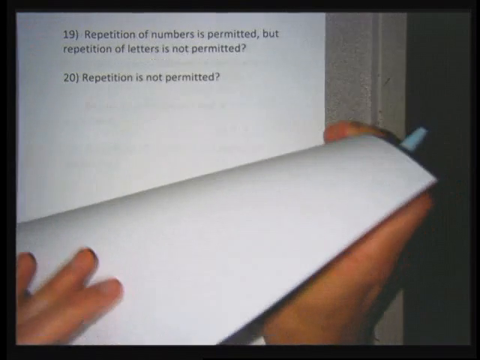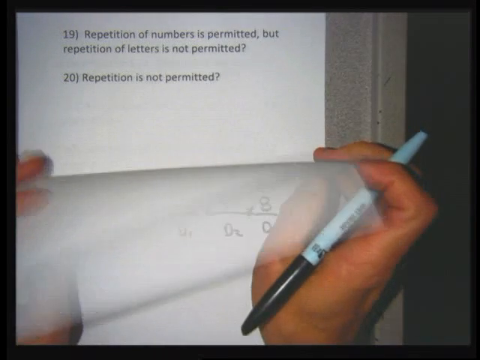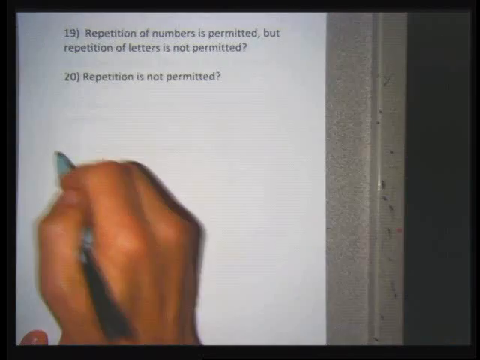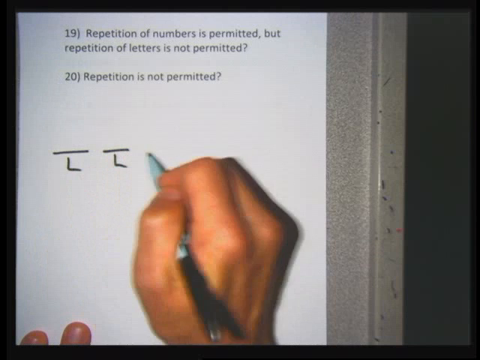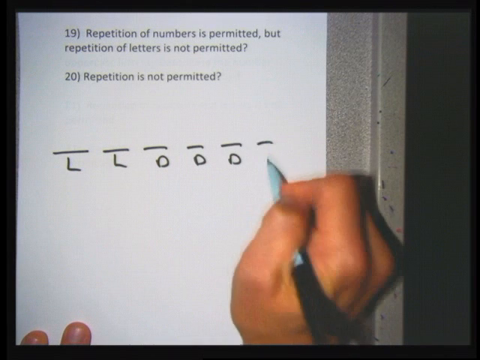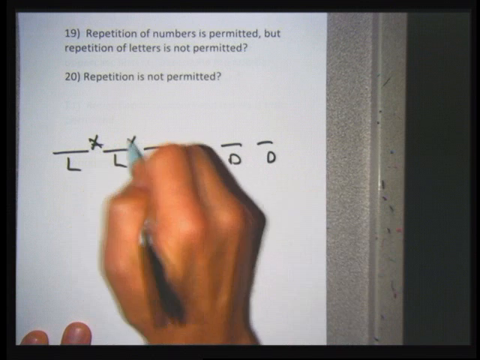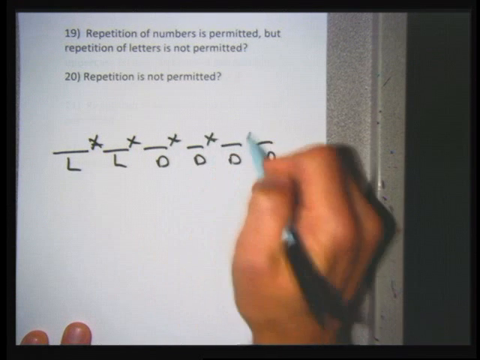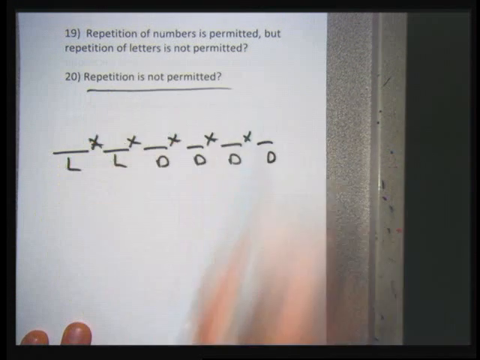19 and 20. So for your 19, again, we're doing 2 letters followed by 4 digits. So it's letter, letter, digit, digit, digit, digit. Mine's repetition for either is the only thing that's not permitted.